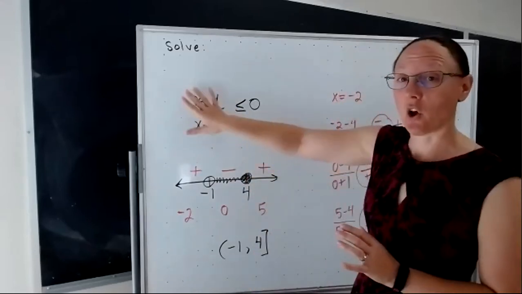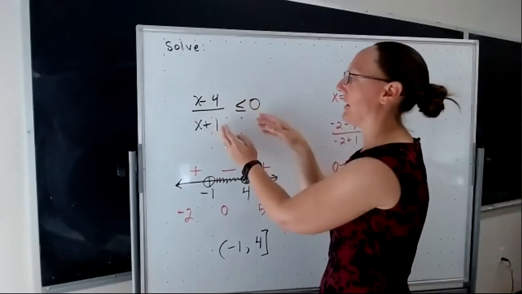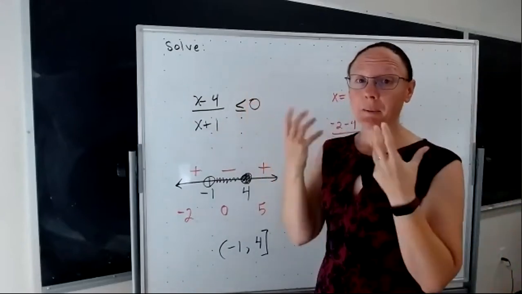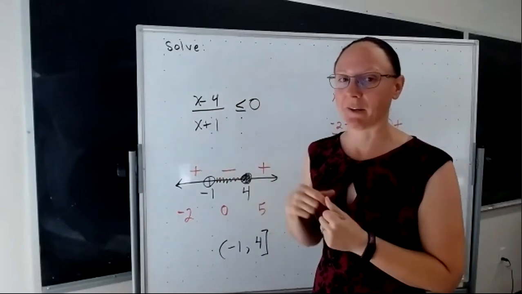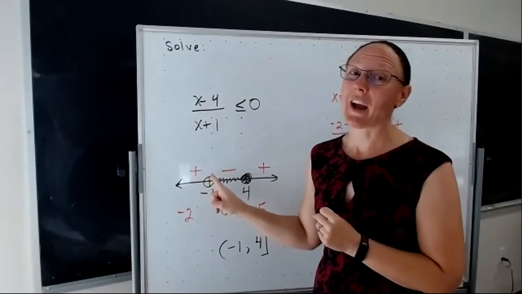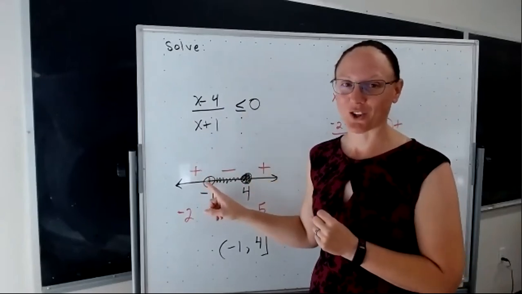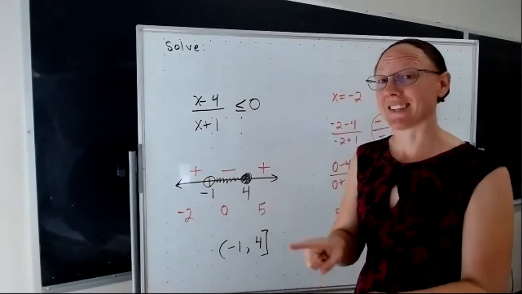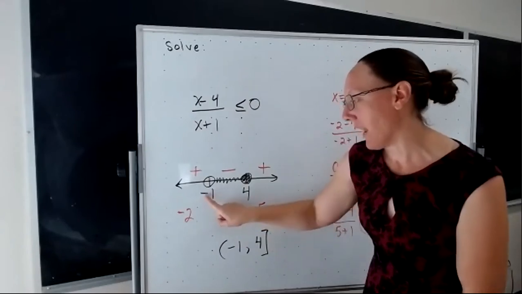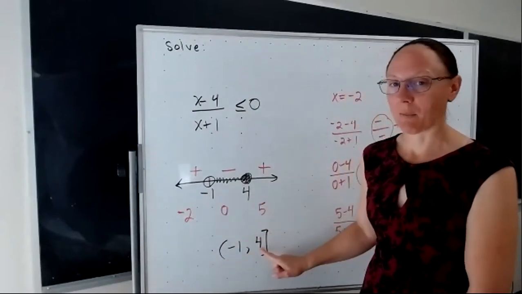So if I were solving this thing, if this had an equal to and some stuff over here, I'd have to keep in mind the restriction on the variable says I can't divide by 0. So even though we kind of want to fill this in because of the "or equal to," it's going to be an open circle to indicate we can't actually plug in the -1, which is the same reason why the -1 needs to have parentheses, but the 4 gets a square bracket.